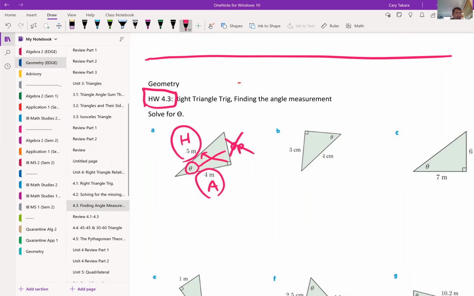This is a cosine. So Abigail, I'm going to put you on the spot. It's cosine of theta equals what over what? Do you mind answering that question? You can just DM, direct message me.